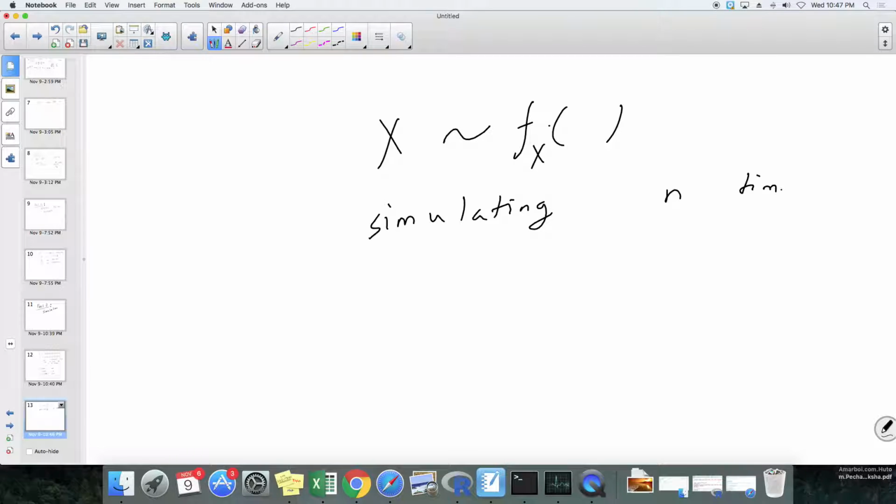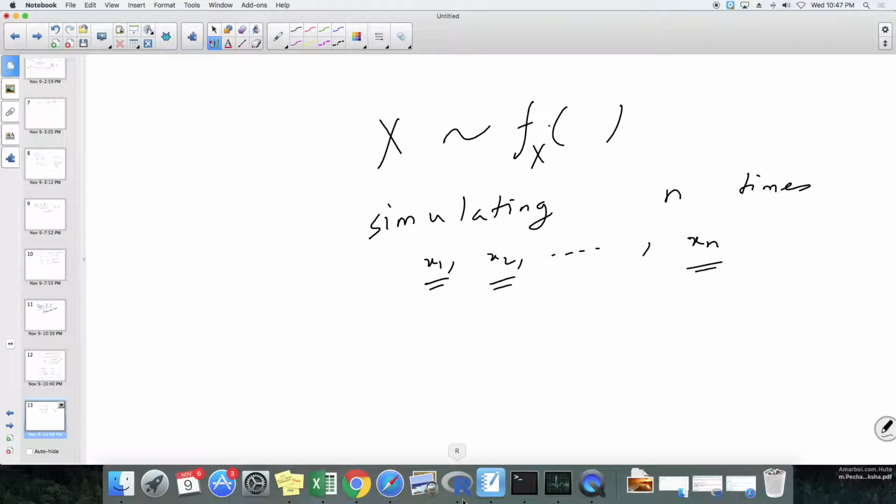That means you are getting n values, x1, x2, dot dot dot, xn, such that if you actually had done a real world experiment where there is a real x which follows this PMF or PDF, and you run it n times, then the first time this is the value, the second time this is the value, dot dot, the nth time this is the value. Obviously all these things are random before you start the experiment, but once you carry out the experiment you get actual values.